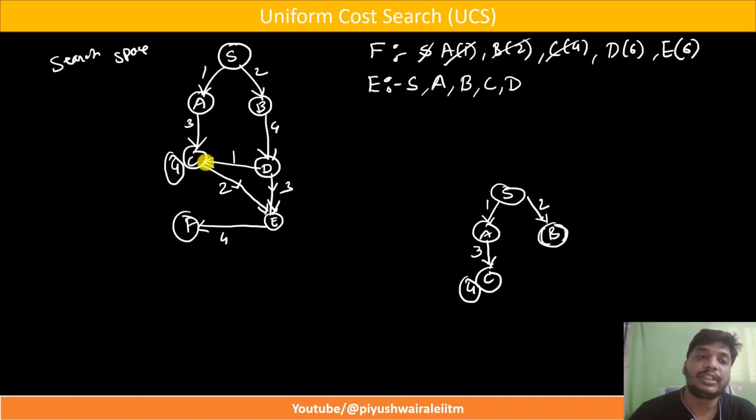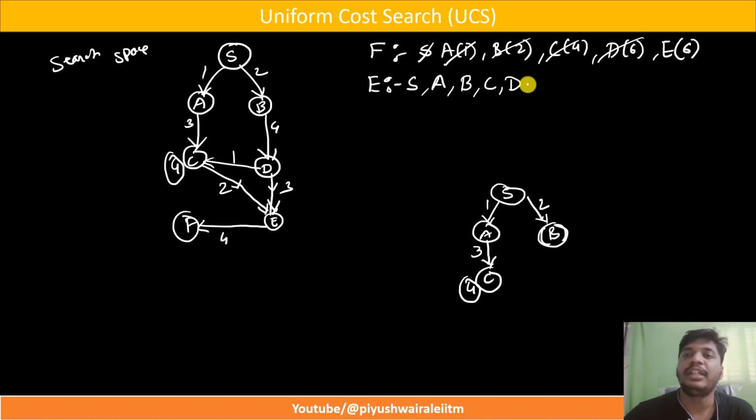But I already explored the state C at a cost of 4, so we'll ignore this node because the cost is high and we already explored it. Now from D I can go to E also, but at what cost? 2 plus 4 plus 3, that is 9, right? But I already have E in the frontier with a lower cost than 9, so we also ignore this part.